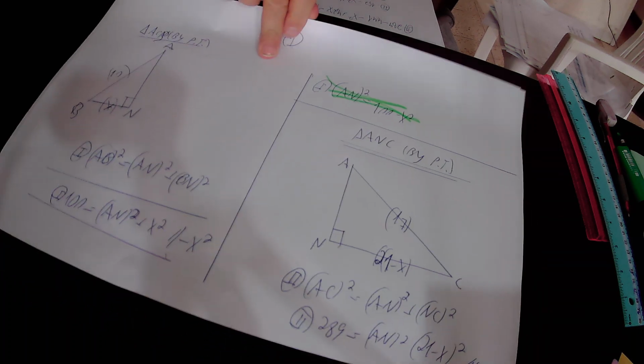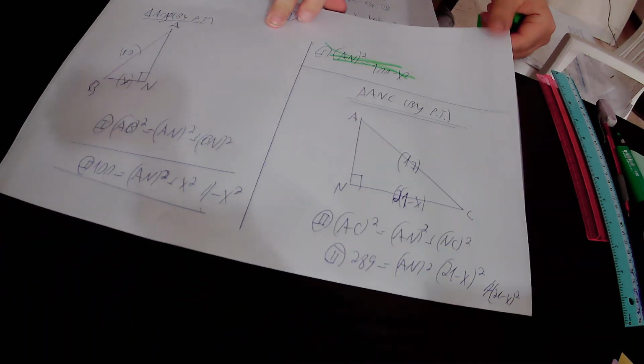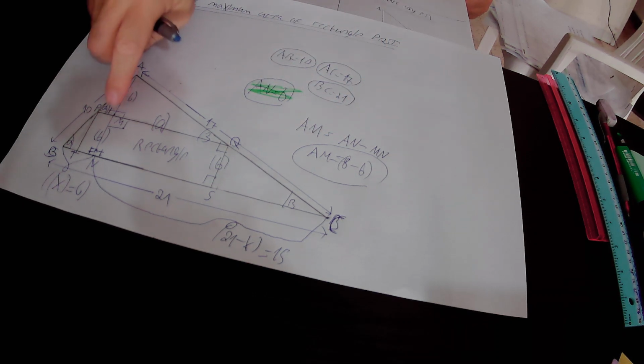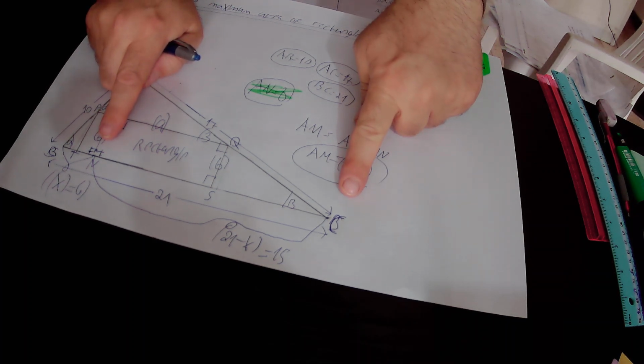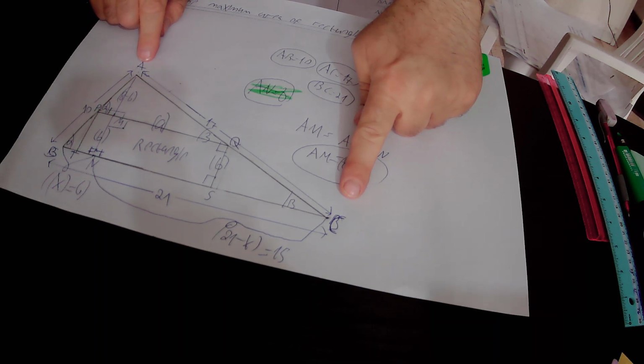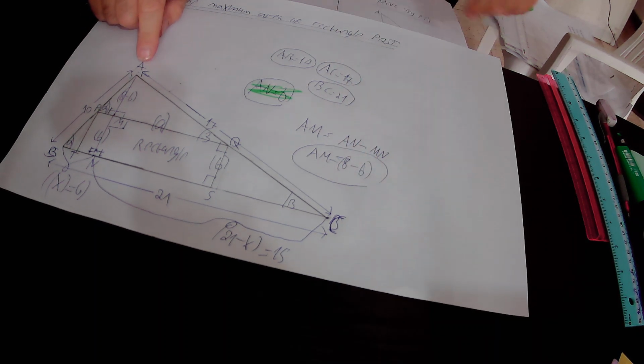In the next step, I copied this right triangle ANC onto this new page, and we implemented the Pythagoras theorem on this right triangle ANC. We already found that side NC equals 21 minus X, and the hypotenuse AC equals 17 according to what is given in the question.